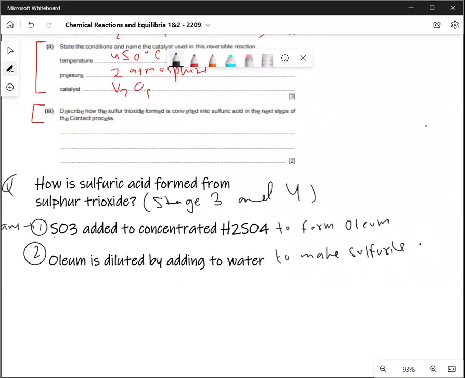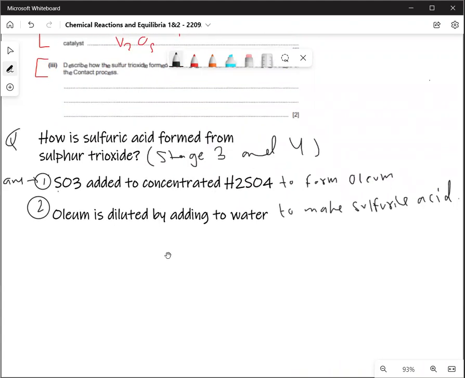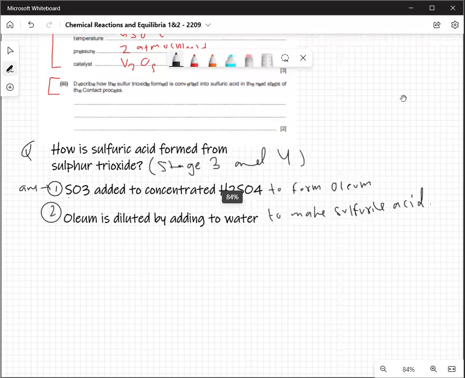So what you do is take SO3 gas, you add it to already existing sulfuric acid. So you make this new highly concentrated sulfuric acid, and then you dilute it with water. You know this. Now, can I do the next question?